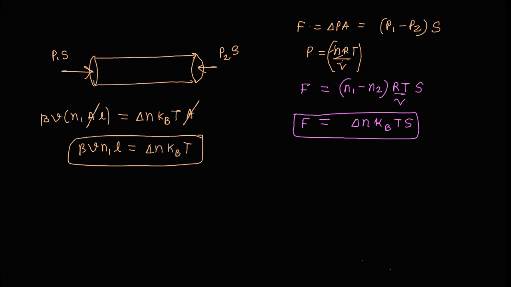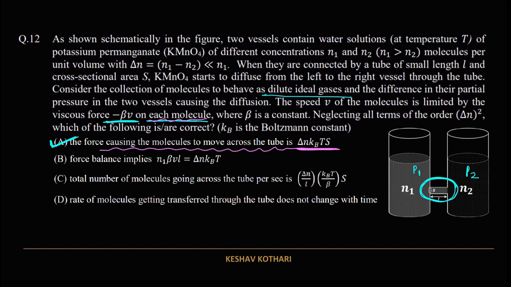So we have equated this force with the viscous force so that the diffusion maintains at a constant speed. So over here again we are saying that option B is matching. The force balance implies N1 beta V L is equal to delta N KBT.